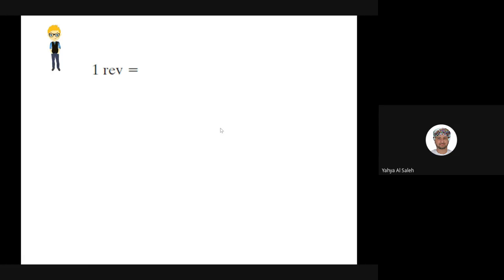So 1 revolution, when I go 1 revolution, I go 360 degrees. Okay, this is how I remember it. 1 revolution, 1 round is 360 degrees. Which means I am going 1 circle of circumference of 2 pi r.